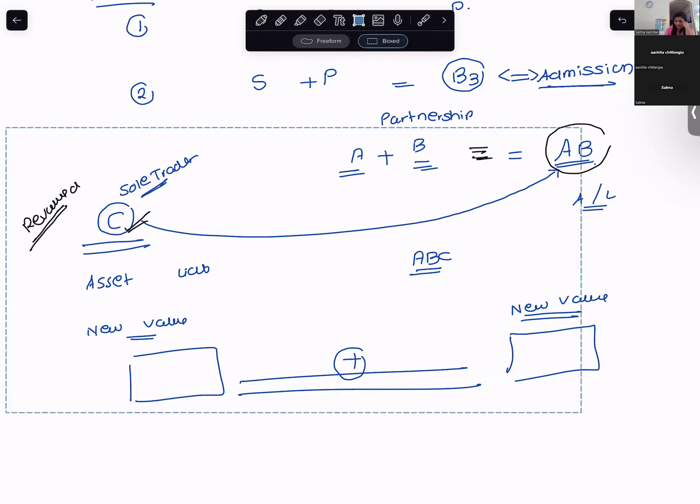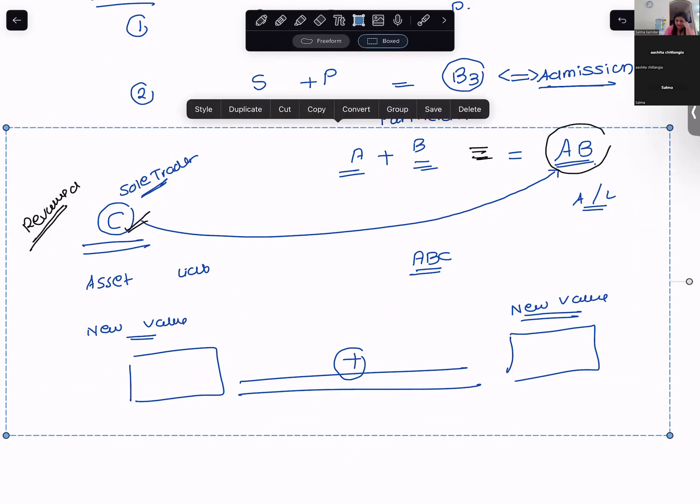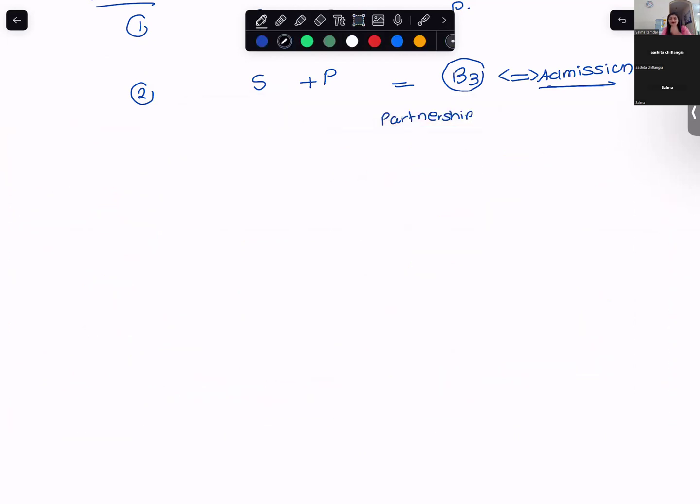Are you with me? Let's take it again. Who are my old partners? A and B. They decide to bring in another person, another sole trader, or another partner who is called what? C. So when they decide to bring in another person into the partnership, this is a sum of admission.